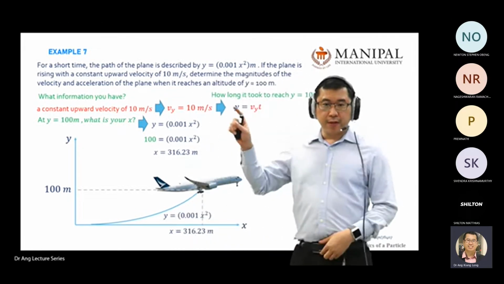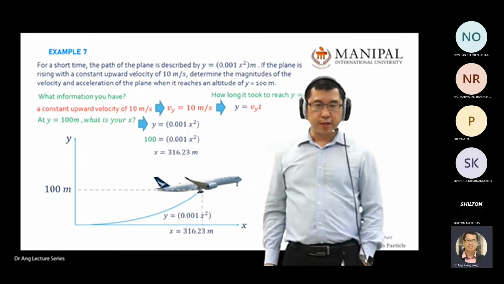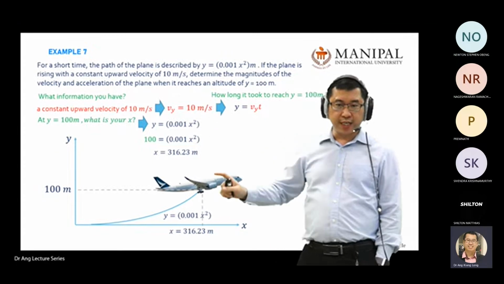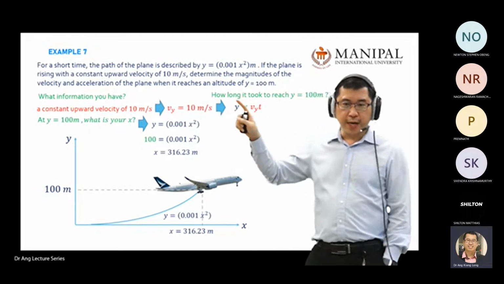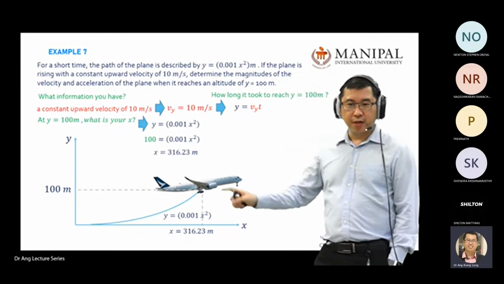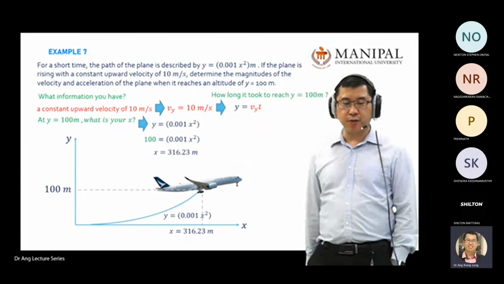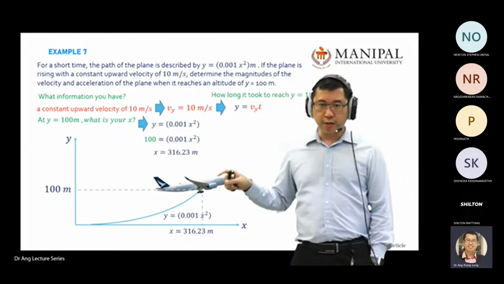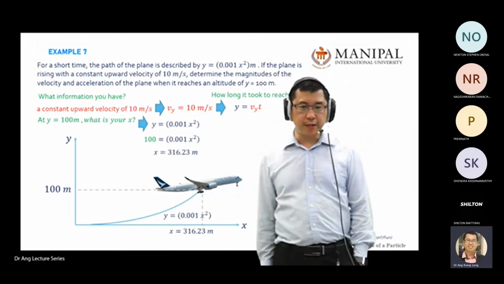All right, now this is just a derivation from the velocity definition. So your v equal to dy/dt, you just integrate your velocity, you go back to your position, y equal to vyt. Or if you're not able to derive this, just use simple logic to estimate the time taken to reach 100 meter.